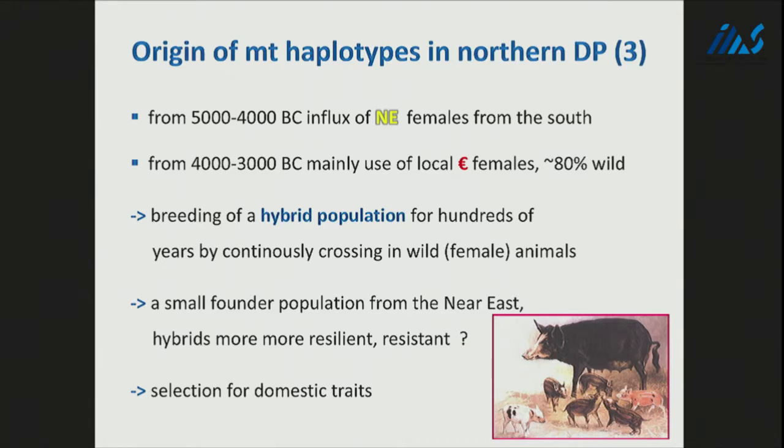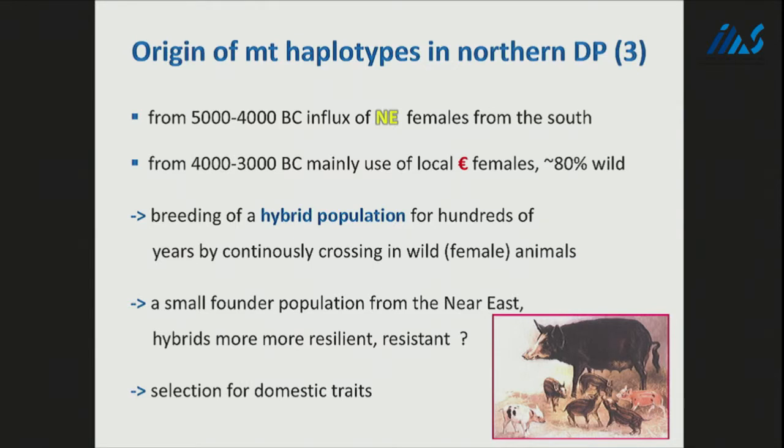I mean, our suggestion is that maybe they had a very small founder population. Remember, northern Germany was at the very receiving end. So maybe not many animals made it up to the north. And this domestic population was very precious, maybe consisting of only relatively few animals.